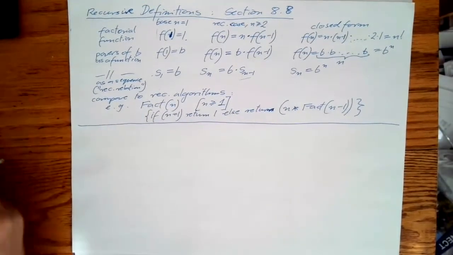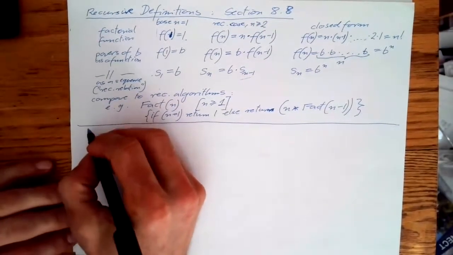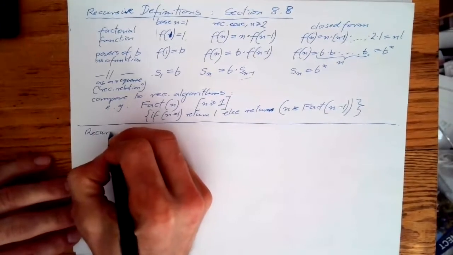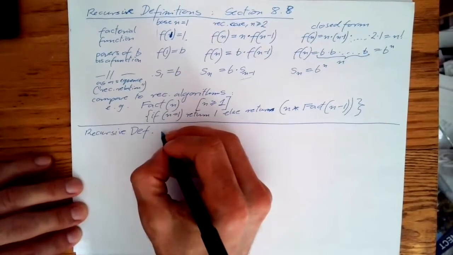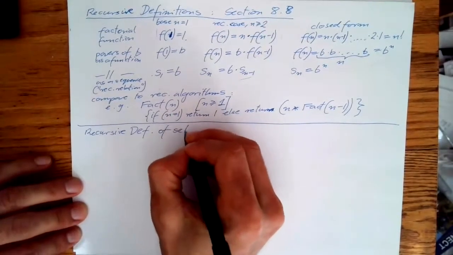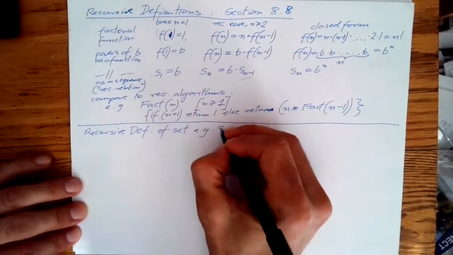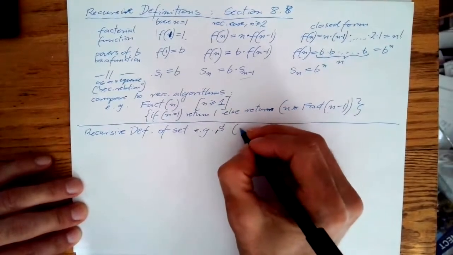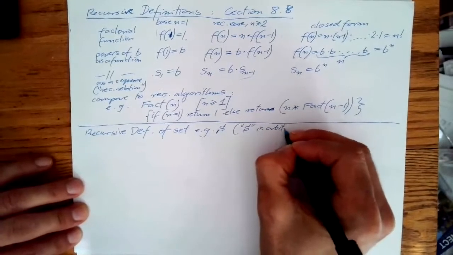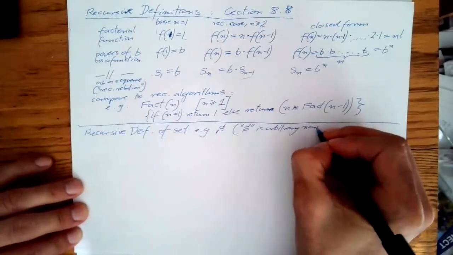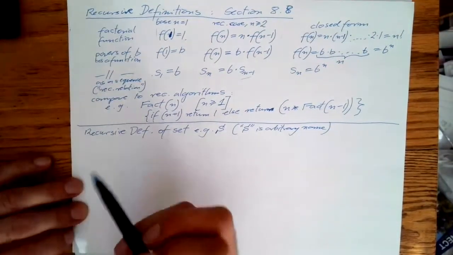Here's how we are going to generalize this today. We can also recursively define a set. We can have a recursive definition of a set, and for example, I'm going to call the set S, but S is an arbitrary name, just like in this case it's function f or sequence S. All of these were arbitrary names.